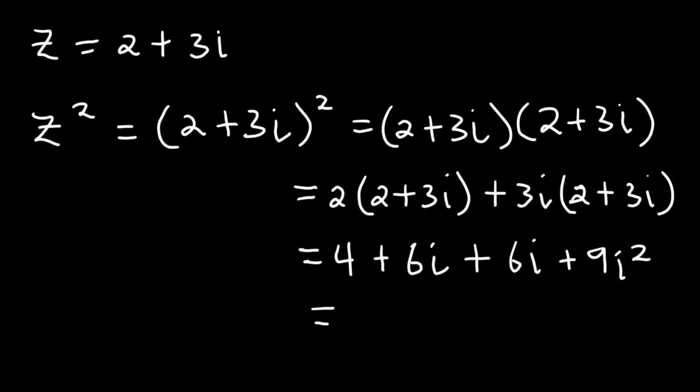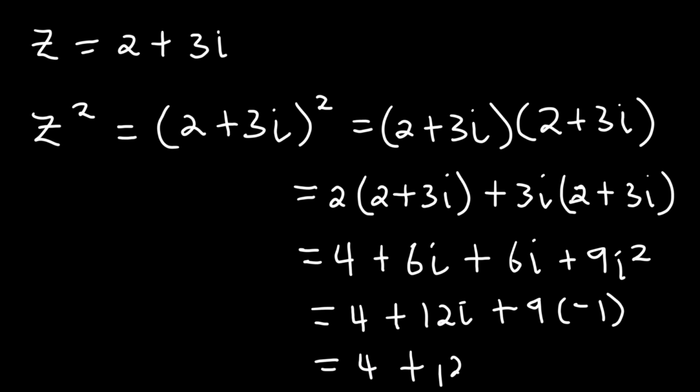So this will be 4 plus 6i plus 6i will give us 12i, and then plus 9 times, now we said that i to the power of 2 is equal to negative 1. So this will be equal to 4 plus 12i and then minus 9. 4 minus 9 will give us negative 5. So the final answer will be equal to negative 5 plus 12i.